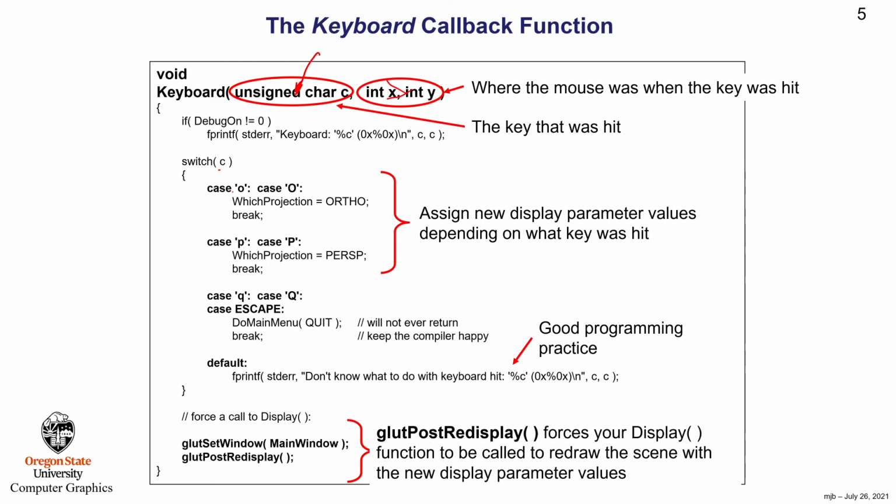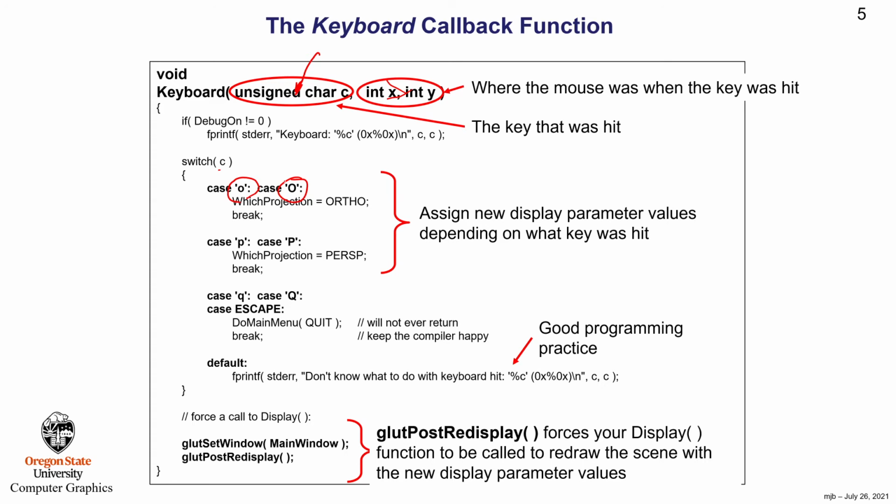And a couple things that are polite. It's polite if you're going to look for a lowercase character, look for an uppercase version of the same character. The reason is if somebody accidentally leaves their caps lock key down, if you don't look for the uppercase one, then they've got to figure out they left their caps lock key down, or they just get good and angry, wondering why they hammer on the O key and nothing happens.